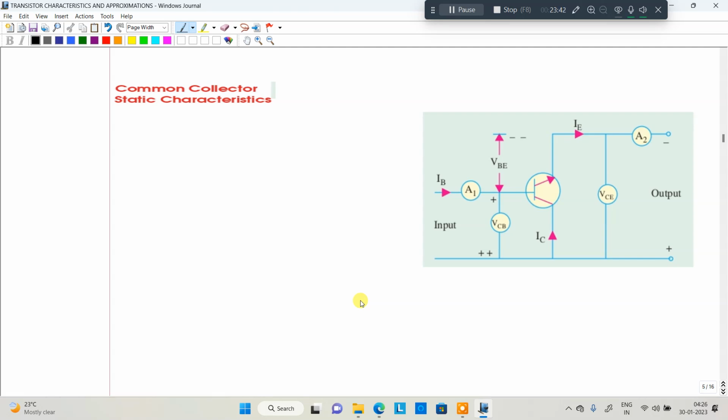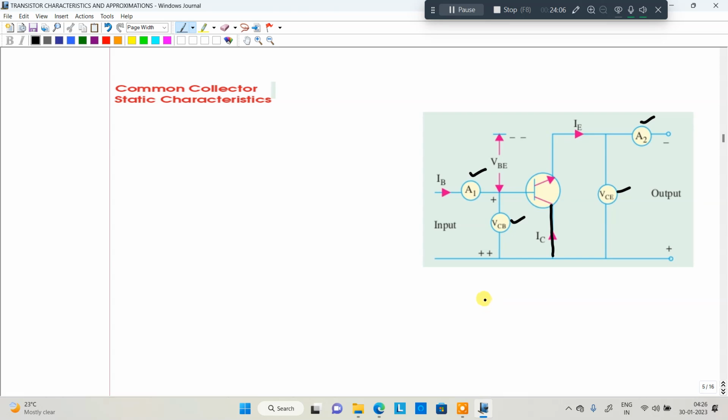I will just conclude with the help of the common emitter. In the examination also, common emitter characteristics are similar to common collector characteristics. Both are similar. Here the common collector terminal should be connected common to input and output. We connect an ammeter and a voltmeter here.